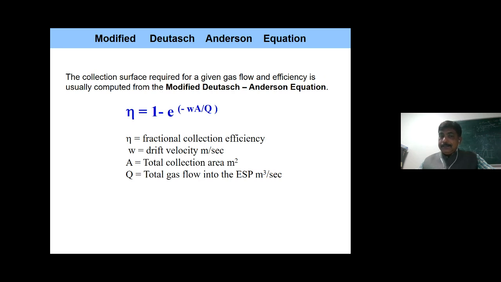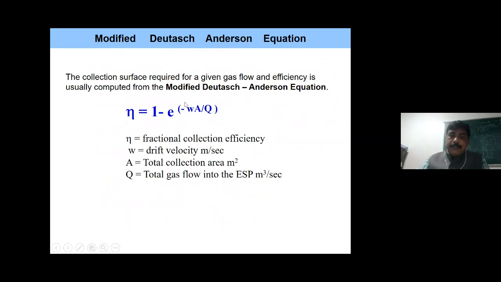The higher this number, the better the collection efficiency. A is the total collection area, meaning how many square meters of metallic plate you are hanging on which the particles get attached. So this is the equation.